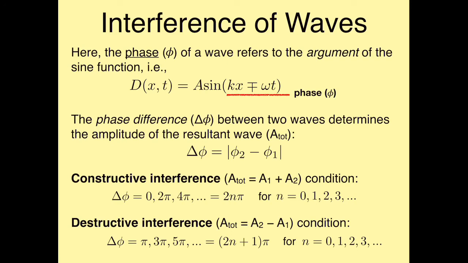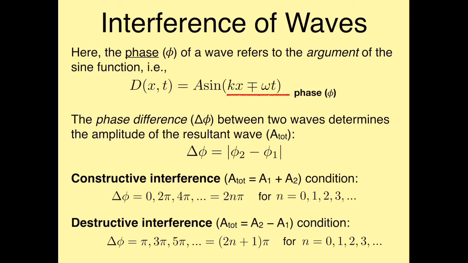Or 4 pi, or really any even multiple of pi is going to work to make the waves completely in phase. So in general, what we can say is delta phi is equal to 2n times pi, where n can be 0, 1, 2, 3, or any integer. Okay, that's the condition that has to be met for constructive interference.